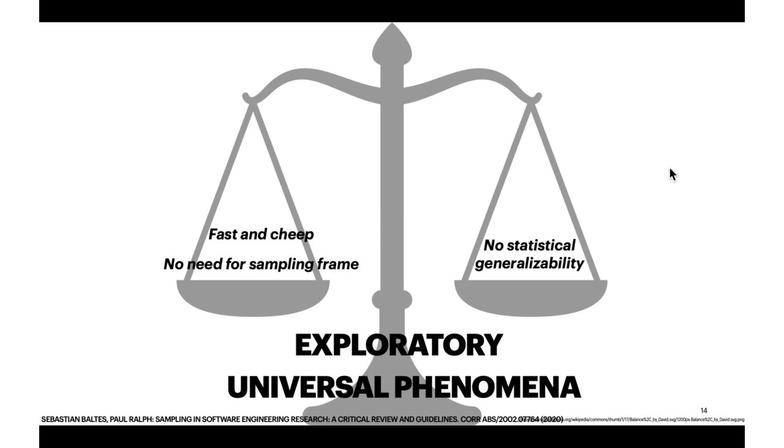Another example is what you have seen in the previous paper, where the authors indicated that their sample of industrial projects was biased towards the embedded systems domain, simply because those were the projects that were available.